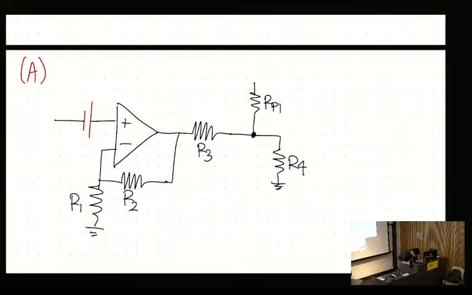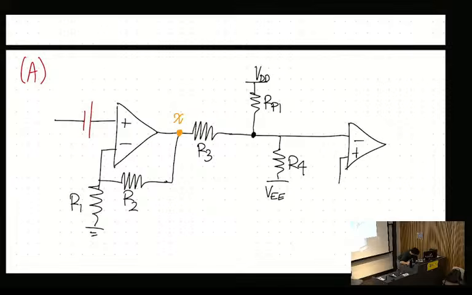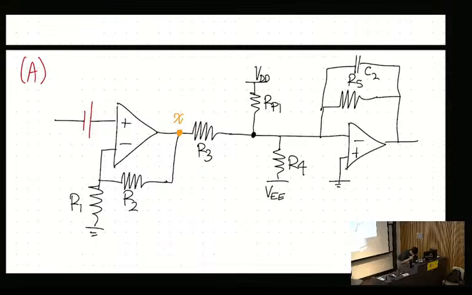So up to this point, that is the first stage. And then this is pulled up to VDD. And sorry, that is not ground. That is some negative voltage VEE. And then this goes into a second stage amplifier. That's R5, and then C2. Cool. And so the first stage here, so our input is here.